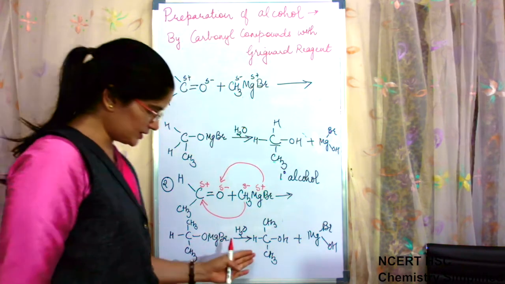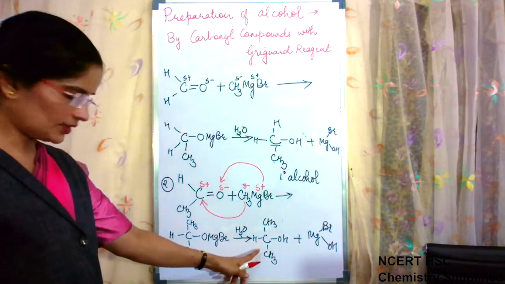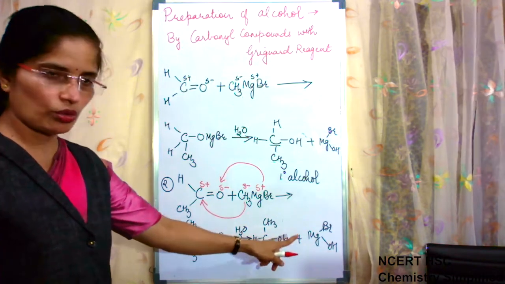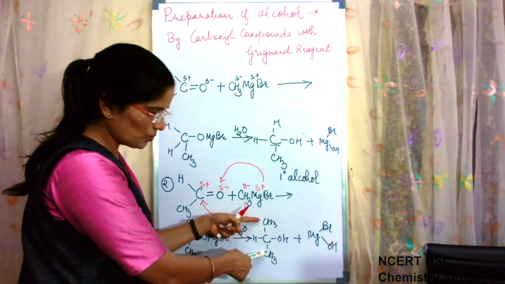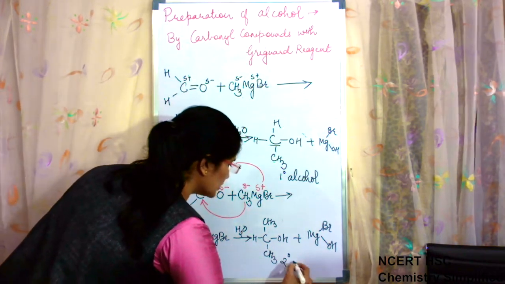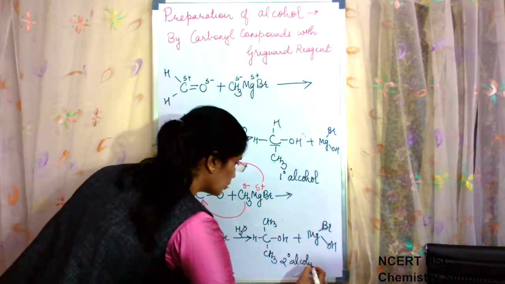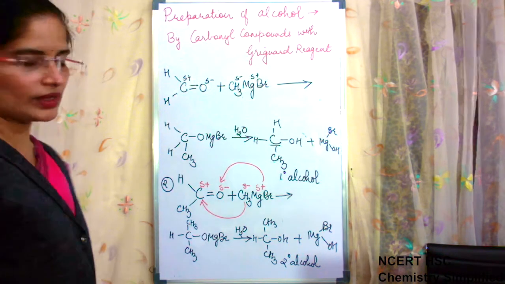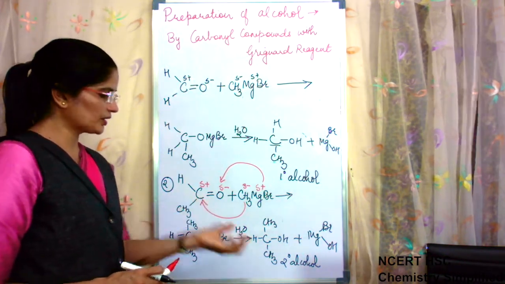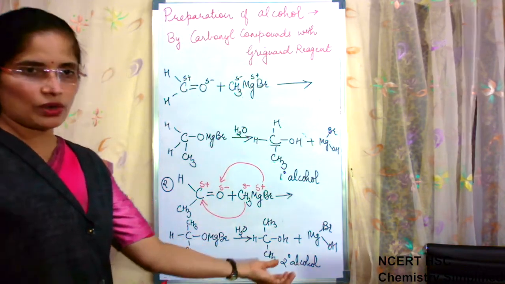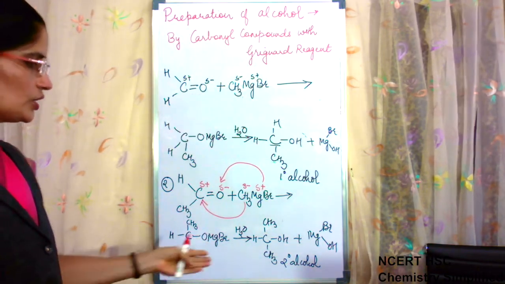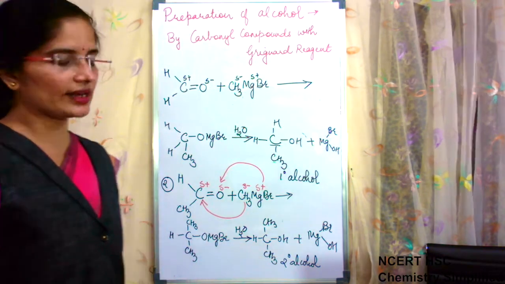Now we can see that this carbon which is bearing the functional group OH is attached to two more carbon atoms. Hence this is a 2 degree alcohol. That means when the starting material is acetaldehyde, the alcohol obtained on treating with Grignard reagent is a 2 degree alcohol or secondary alcohol.